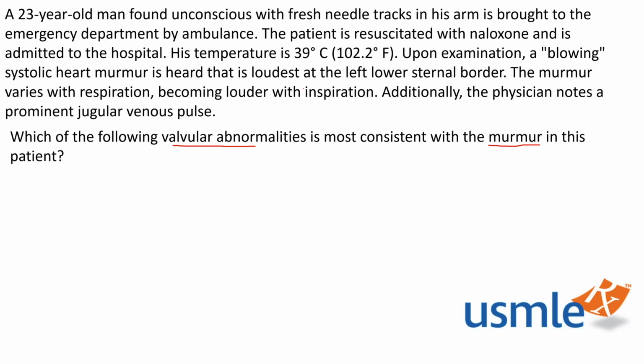So now we're going to read the question. We've got a 23-year-old man who's found unconscious with fresh needle tracks in his arms and is brought into the emergency department by ambulance. The patient is resuscitated with naloxone and is admitted to the hospital. His temperature is 102.2 degrees Fahrenheit or 39 degrees Celsius. Upon examination, he has a blowing systolic heart murmur that is heard loudest at the left lower sternal border.